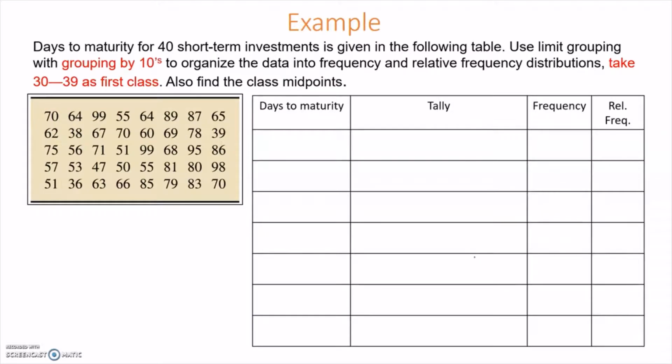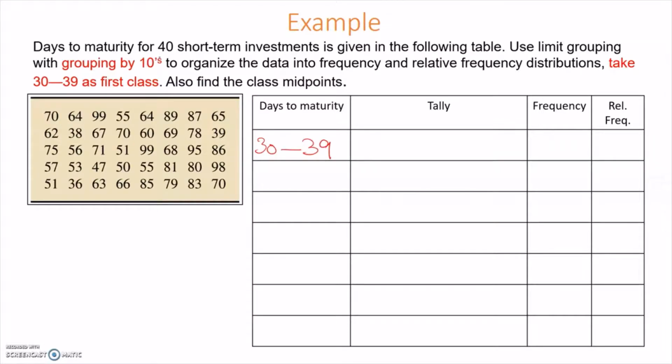So here's the table that consists of 4 columns. The first column has the name of the variable. These are days to maturity, right? And he told us to take 30 to 39 as the first class. So I will start from here and take 30 to 39 as my first class.